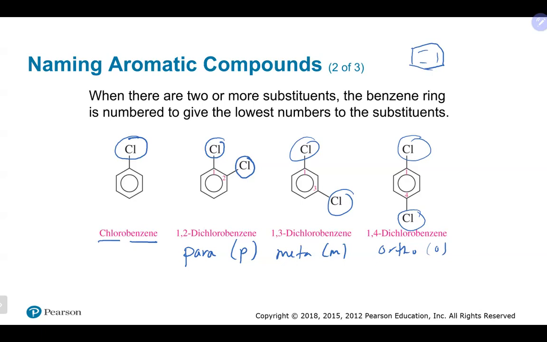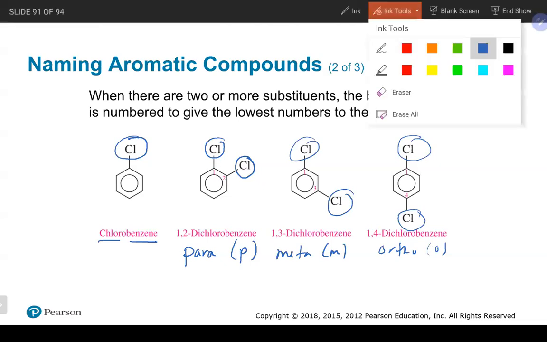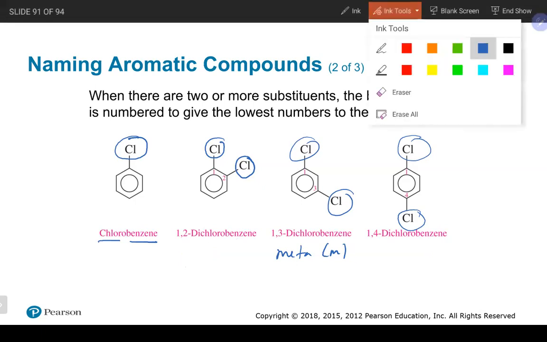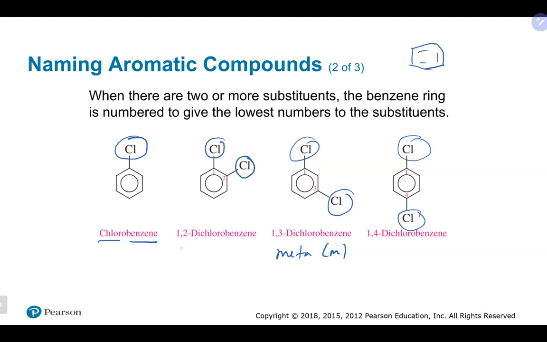Sometimes they'll just use the whole name, or they'll just use the letter. And I'm pretty sure I did that one backwards. It's on mine, so let me read those to you. Sorry about that. This is the ortho positioning.